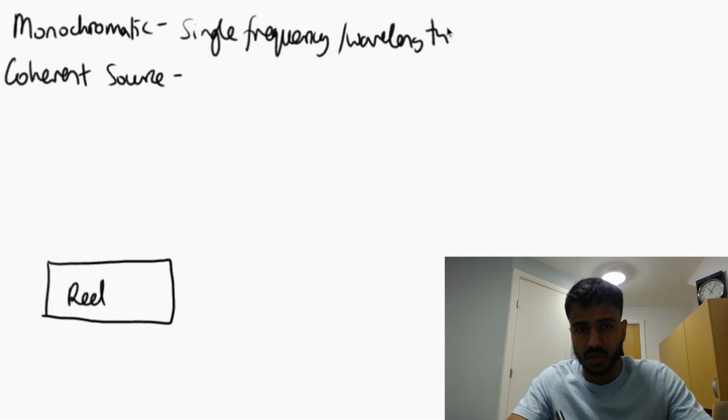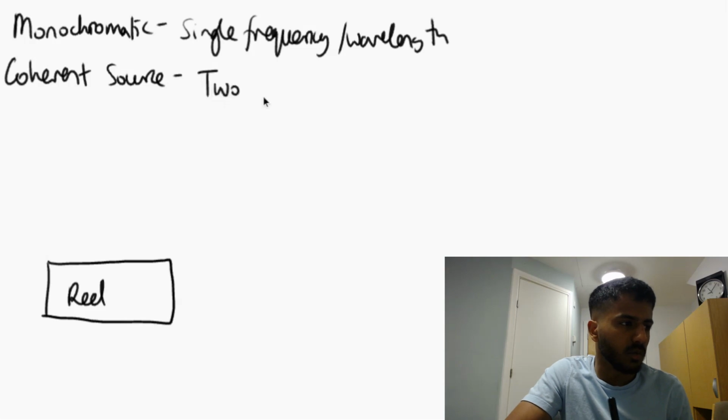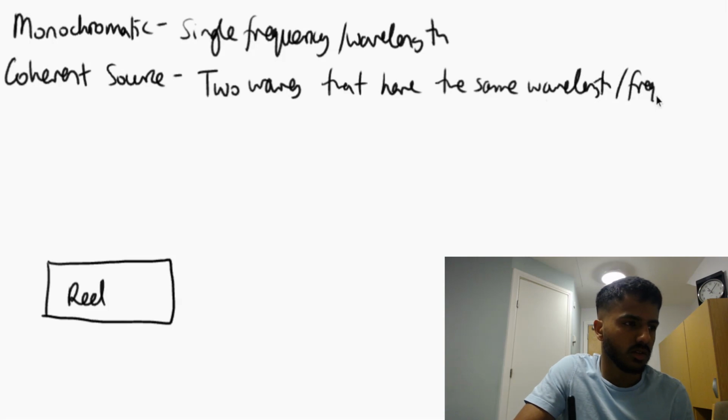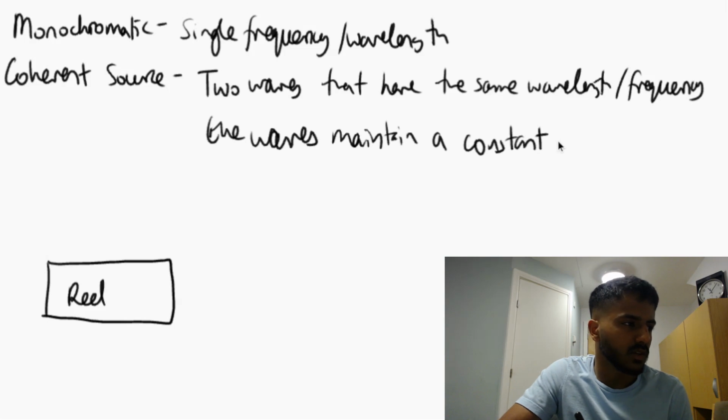Now, a coherent source is a source that is both monochromatic, i.e., it forms waves that have the same wavelength or frequency, but the most important thing is that the waves maintain a constant phase difference.